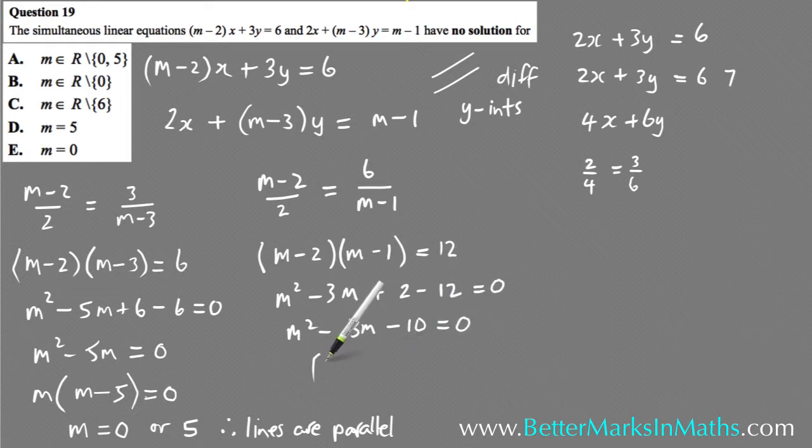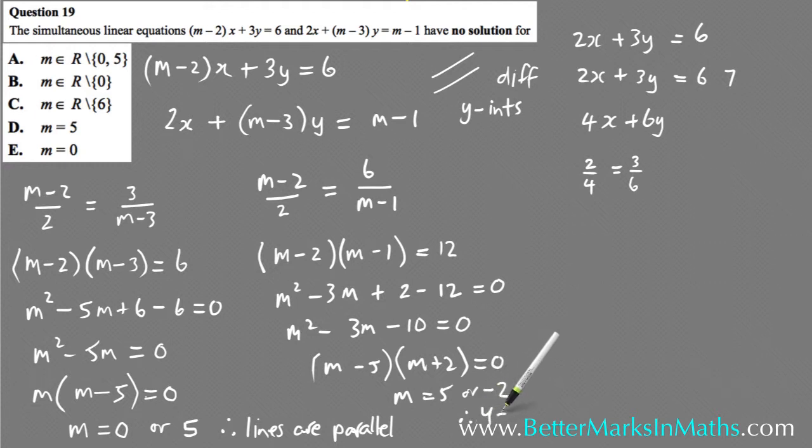Then in brackets (m minus 5)(m plus 2) equals 0. From there, m equals 5 or minus 2. Therefore, the y-intercepts are equal for those two values of m.